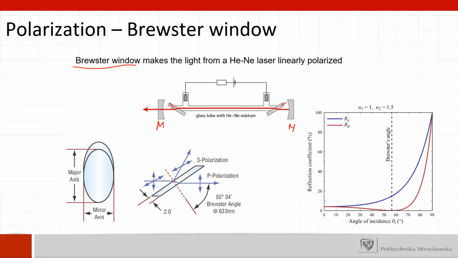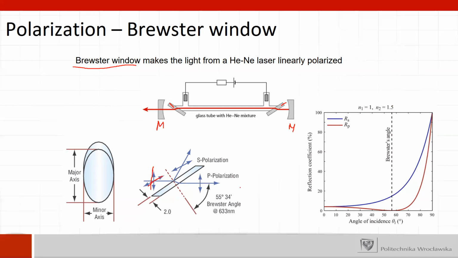The principle of operation of this Brewster window is as follows. From Snell's law, we know that if we transmit unpolarized light, or light polarized in both directions, so just two orthogonal polarizations, through a glass plate placed at a certain angle, one of the polarizations will be reflected and the other will be transmitted.